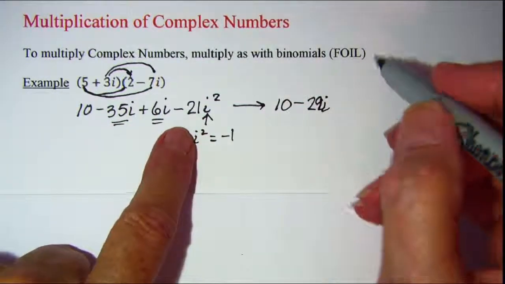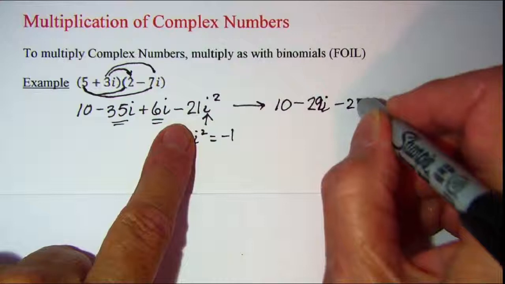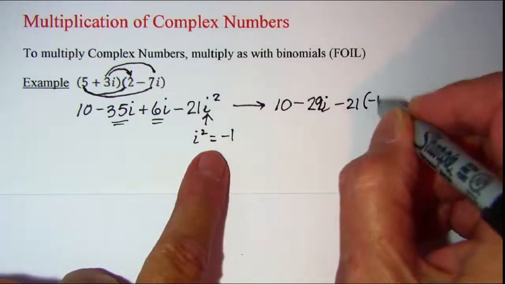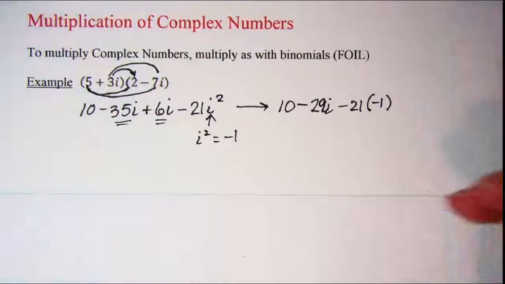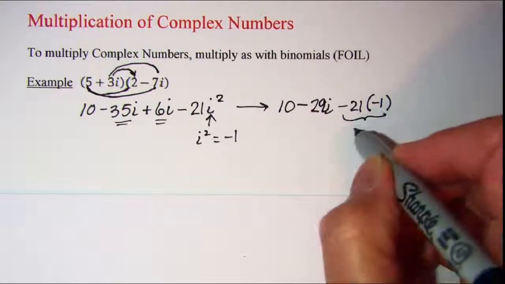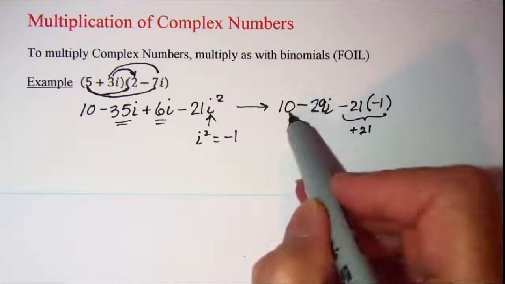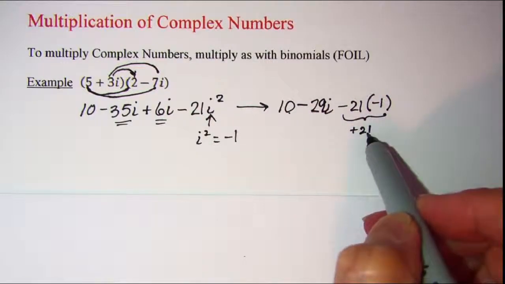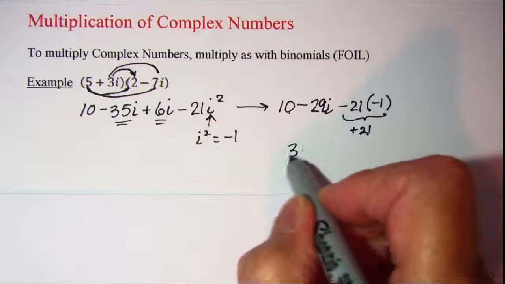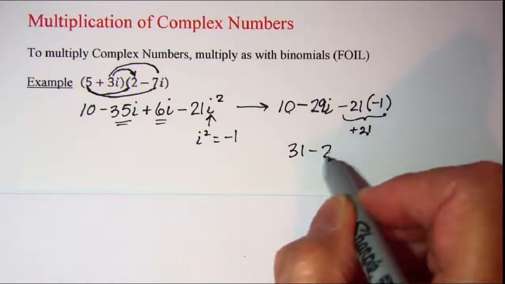And then negative 21 times negative 1. So this is a positive 21. And we have 10 plus 21 is 31 minus 29i.